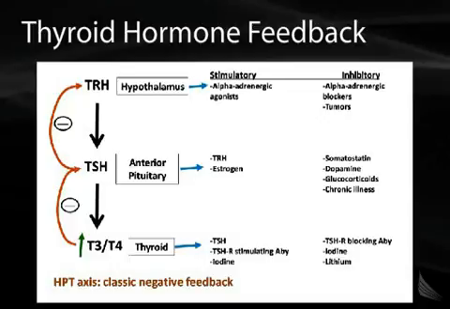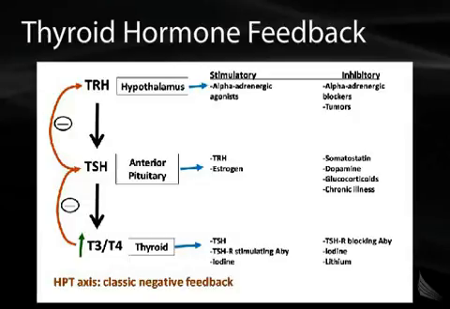Each of these portions are regulated by components that are both stimulatory and inhibitory. So for example, hypothalamus TRH release is inhibited by alpha blockers and stimulated by alpha agonists.